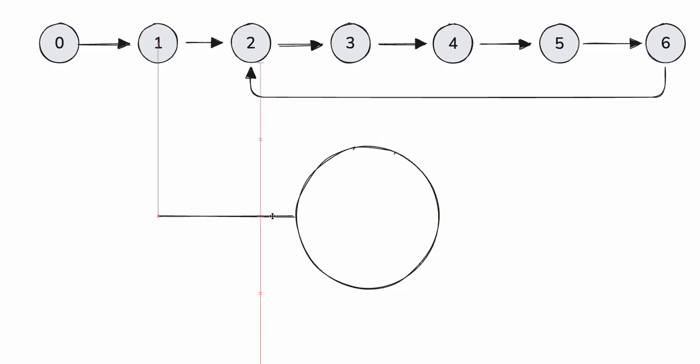So this is the same linked list. So in this case, we'd have a 0 here, a 1 here, 2 here, maybe a 3 up here, 4 here, 5 here, 6 here.